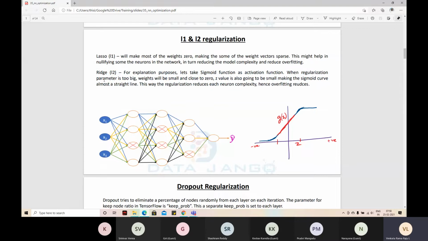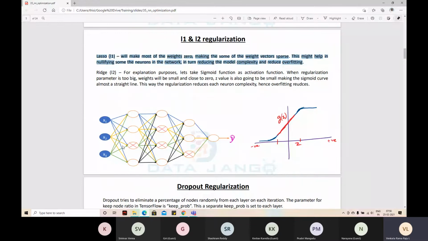Lasso regularization will drastically reduce the weights towards 0, especially when the feature is not important. Okay. In deep learning, it does the same thing. It is trying to reduce some of the weights to close to 0.